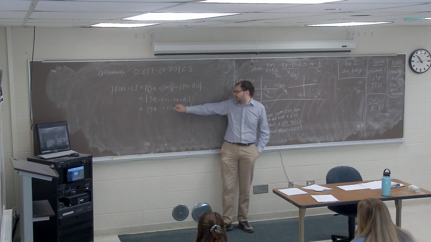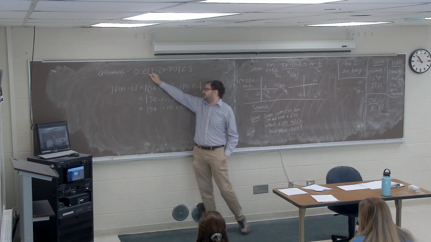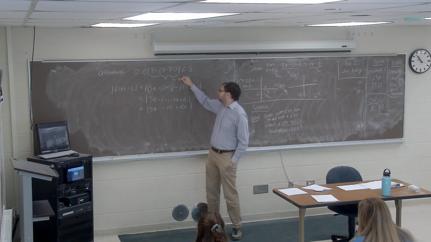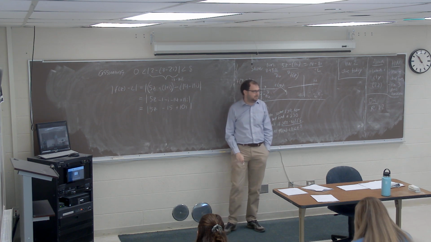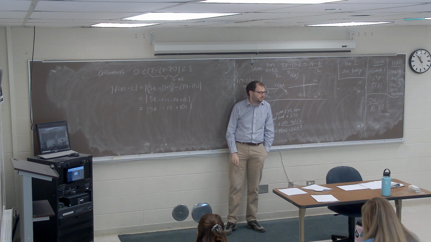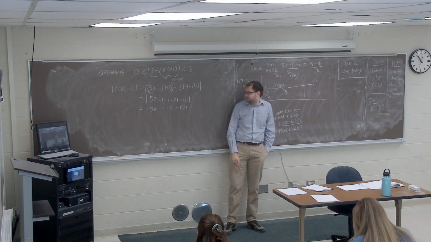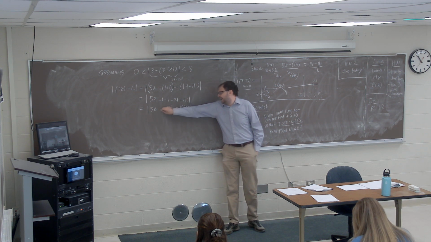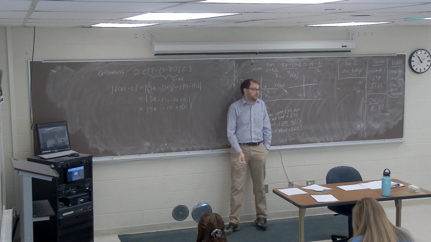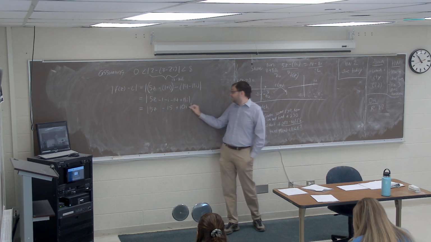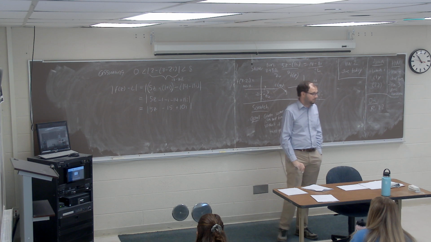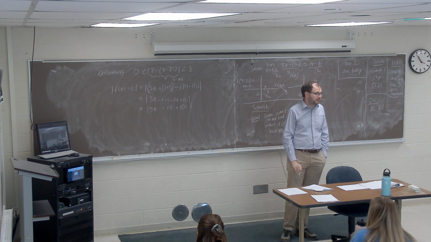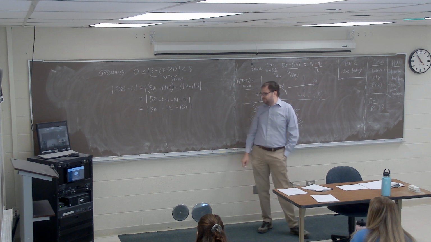It'd be nice if we could somehow relate this expression to our z minus z naught expression. Is there anything we can factor out, Gary, from 5z minus 15 plus 10i? Any constants? I don't think we can factor out z because not all of these terms have z's attached to them. But are there any common factors that 5z, negative 15, and 10i all have in common? Not i, so it'd just be 5 then.